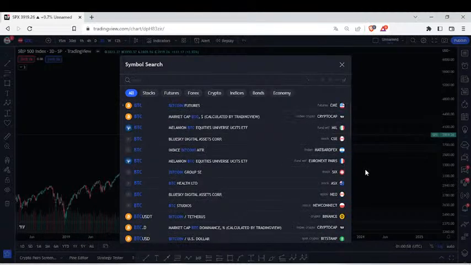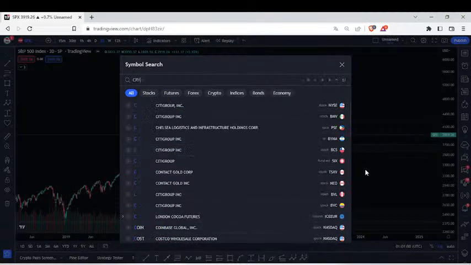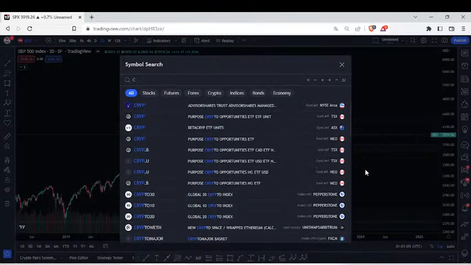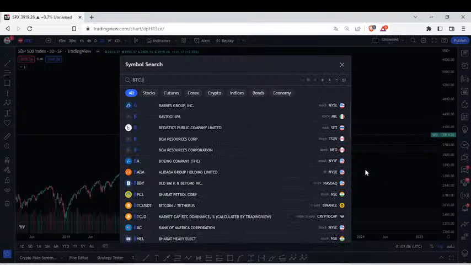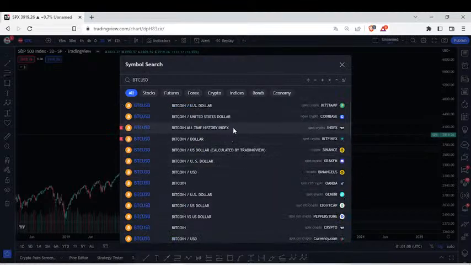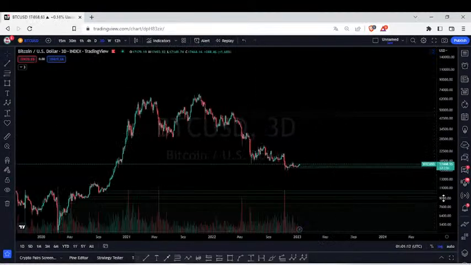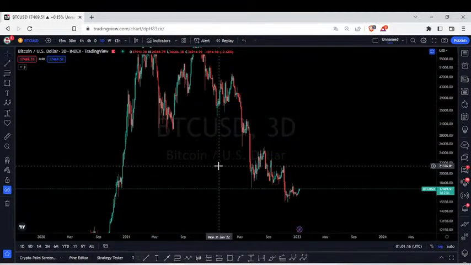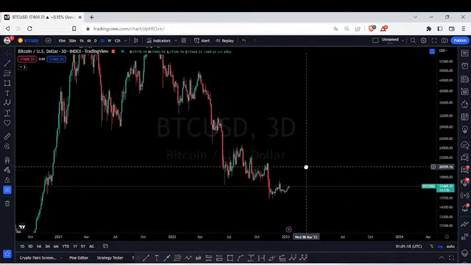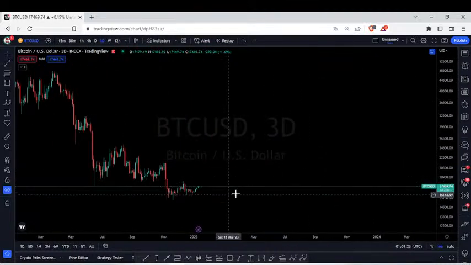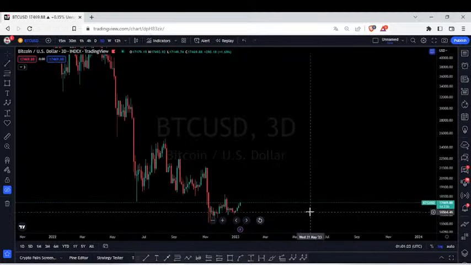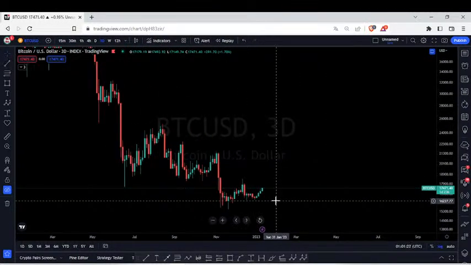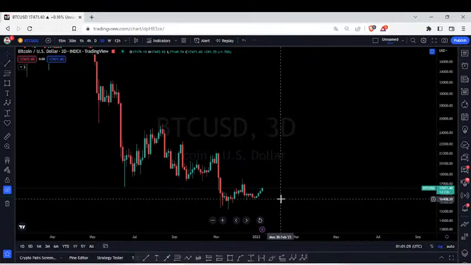Now before I jump in to Bitcoin, I wanted to look at something else, but we'll take a look at the dominance afterwards. All right. So, Bitcoin on the 3-day chart printed a morning star doji, which is a reversal pattern, and it started moving up.